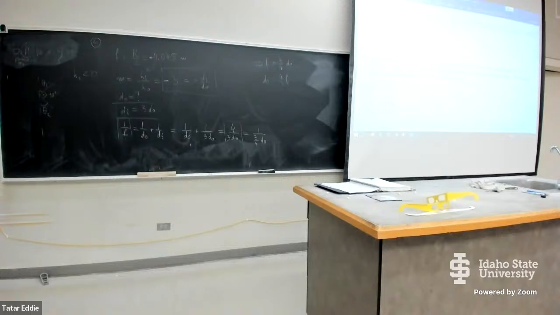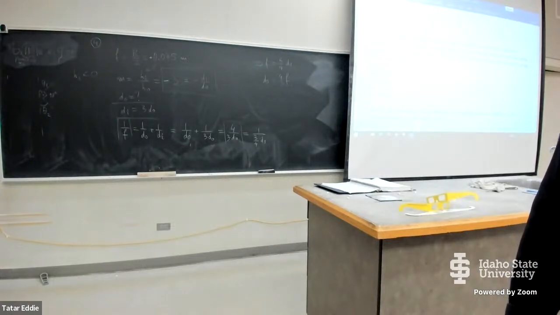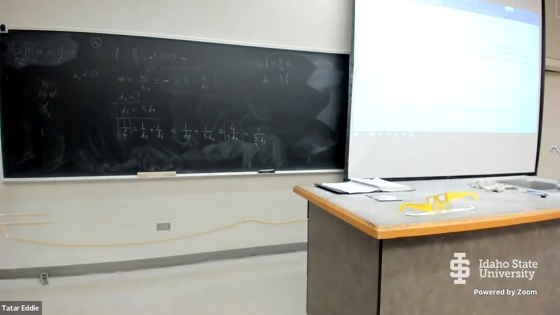Okay, so let's see, did we solve all of the problems from the list on the board? So we did 6, we did 4, we did 16, we did 9. Did we do problem number 9? Let's do problem number 9 then.